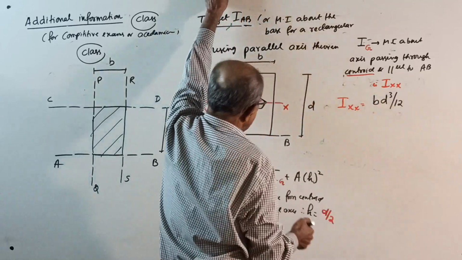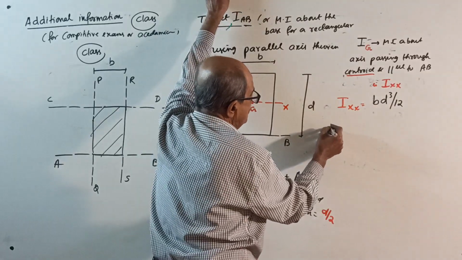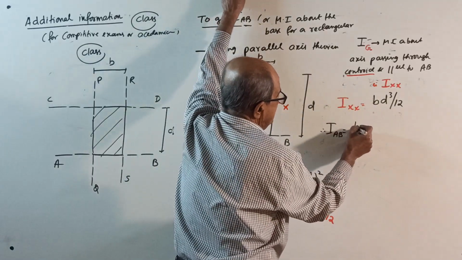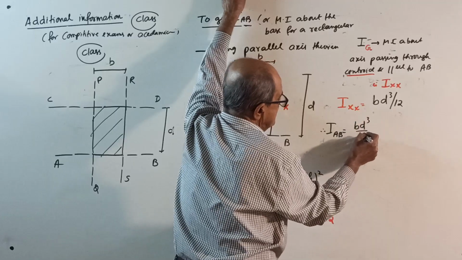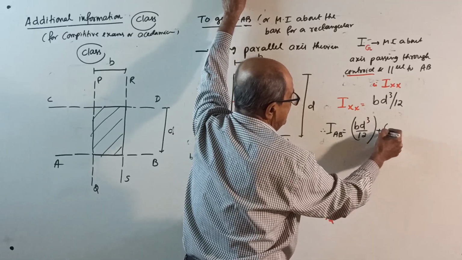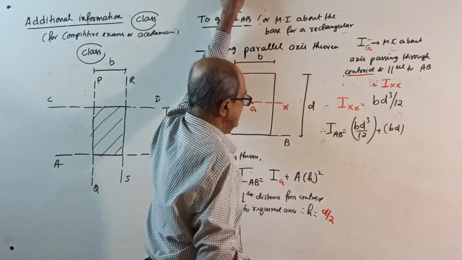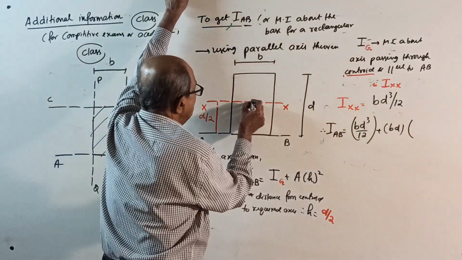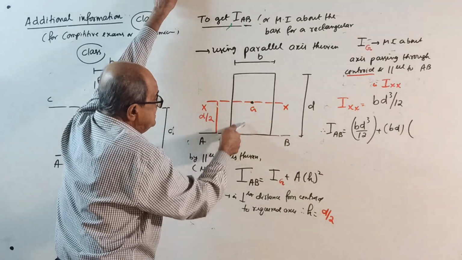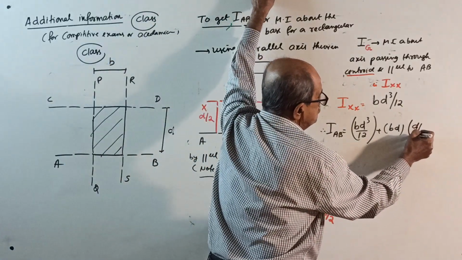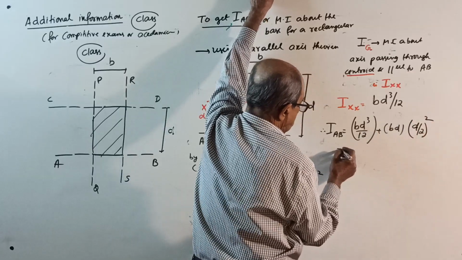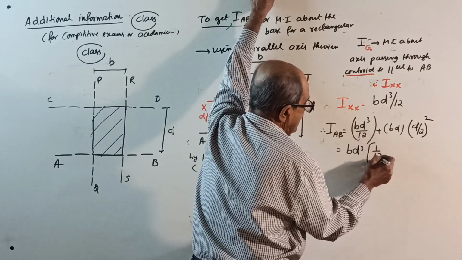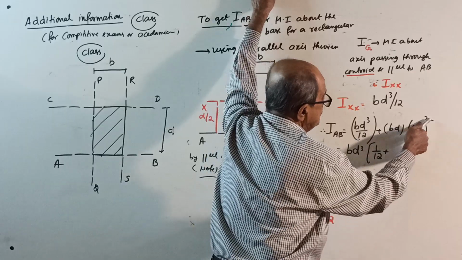Therefore, I about AB equals IG, that is BD cube by 12, plus area, which is B into D, into the perpendicular distance from the centroid to the required axis, and this distance squared is D by 2 squared. If I take BD cube outside, it is 1 by 12 plus BD into D squared, which is D cube.